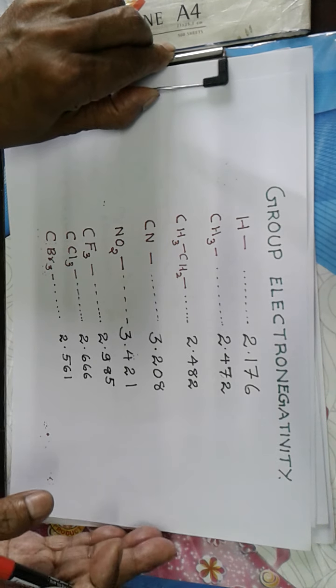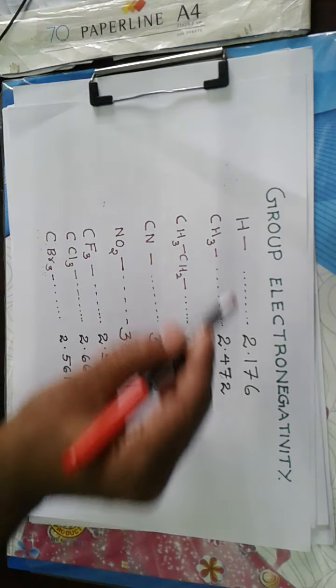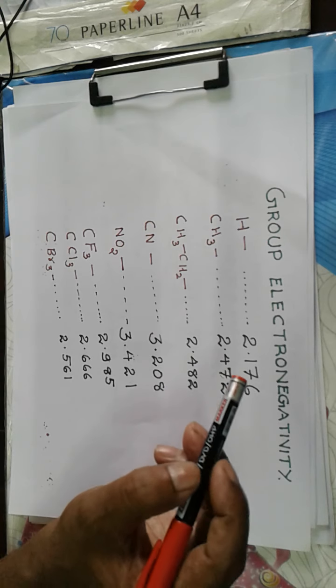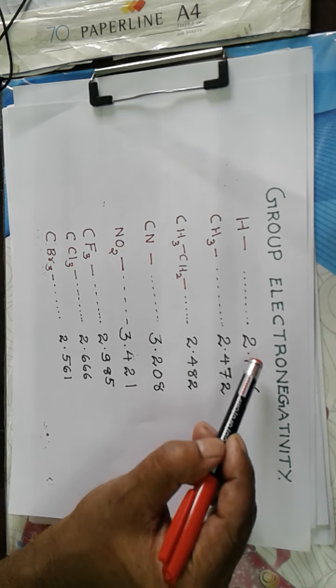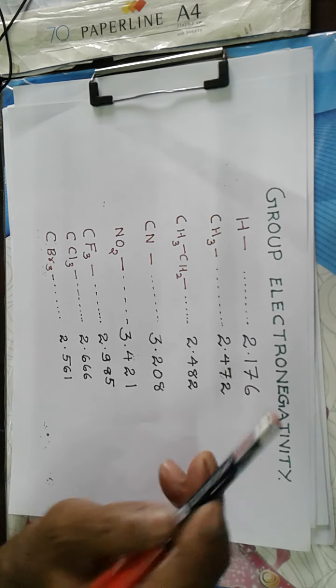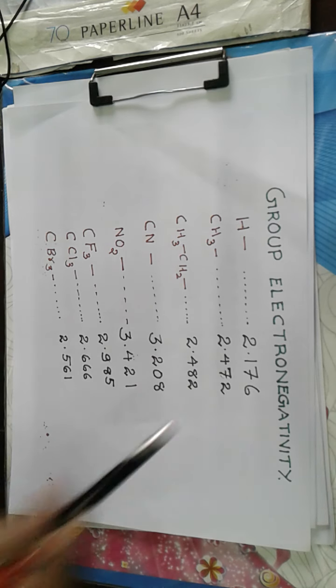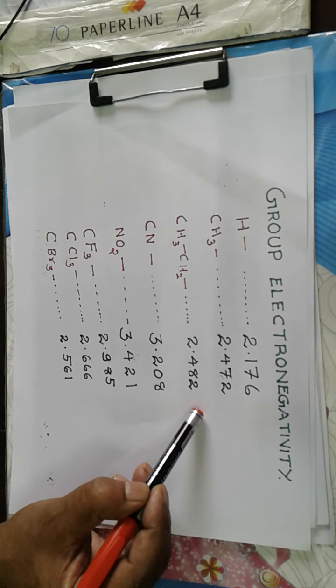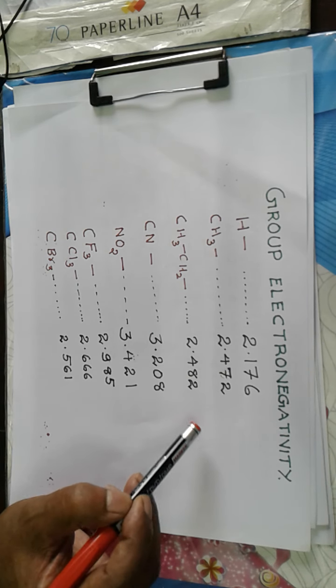Then a parameter called group electronegativity can be found out experimentally. For hydrogen, the group electronegativity is 2.176. For the methyl group, it is 2.472. For the ethyl group, it is 2.482.